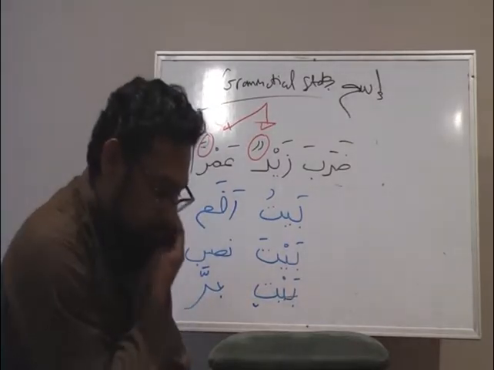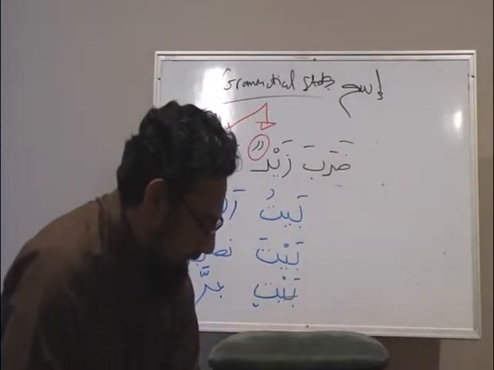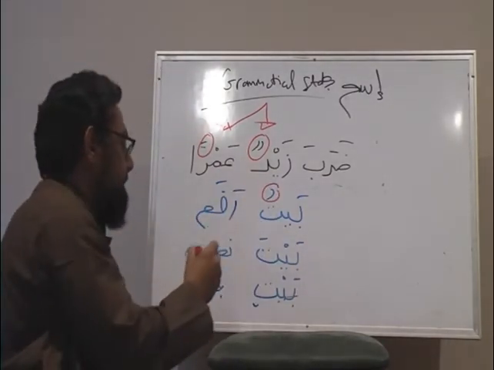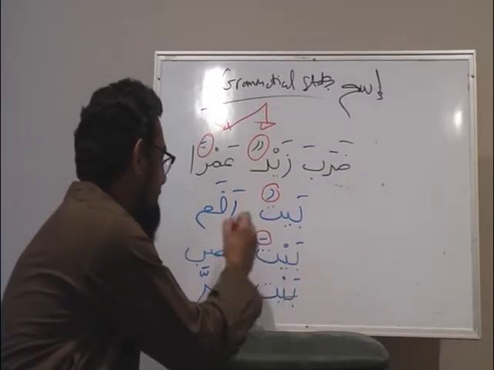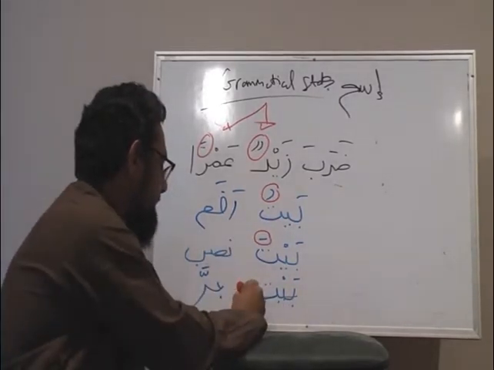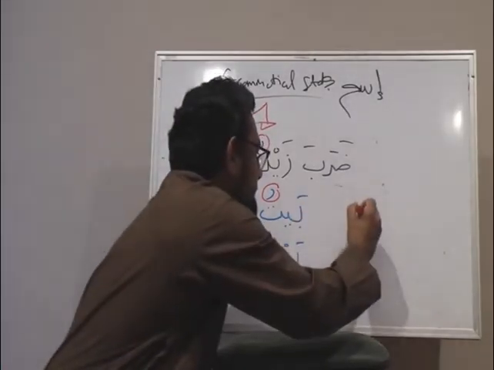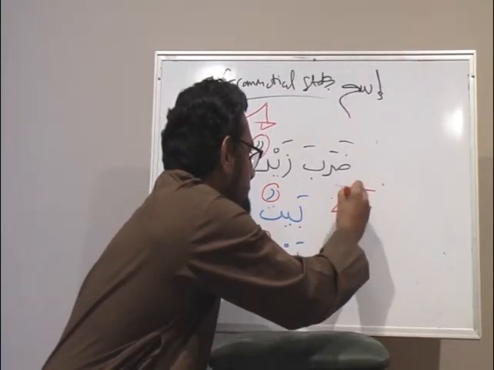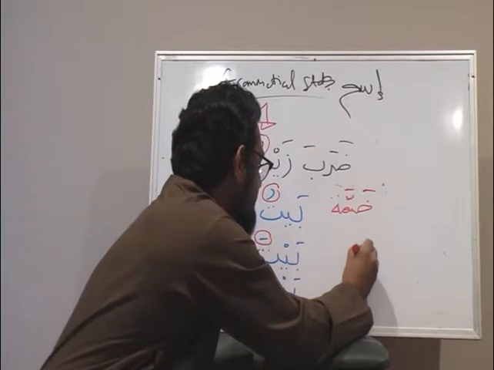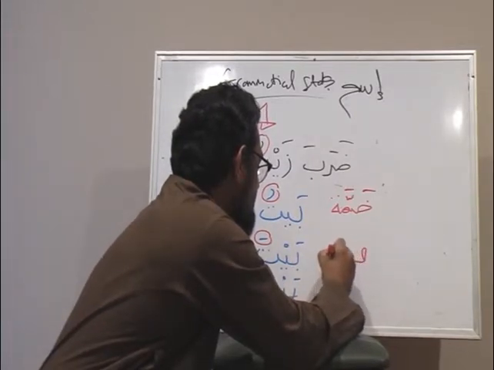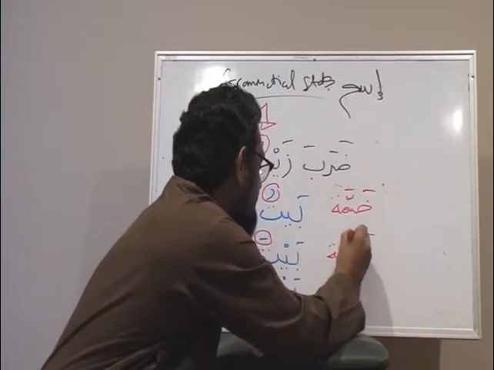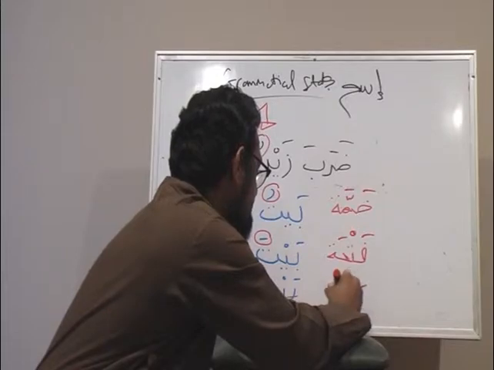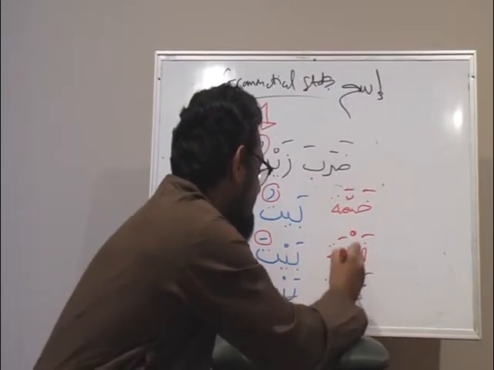And so what you see is a dhamma for rafa, a fatha for nasab, and a kasra for jar. Dhamma, fatha and kasra.